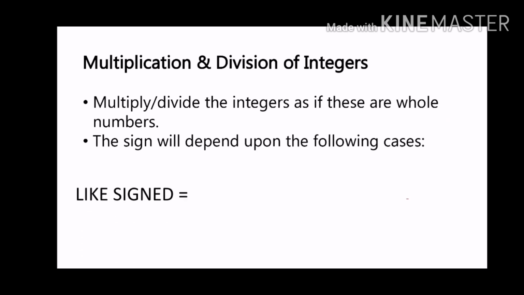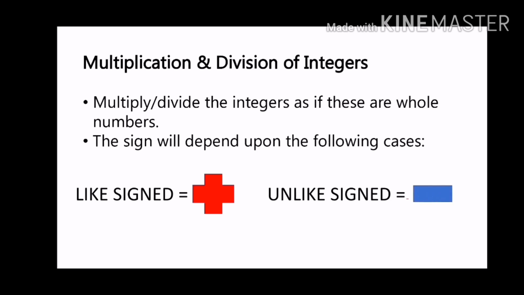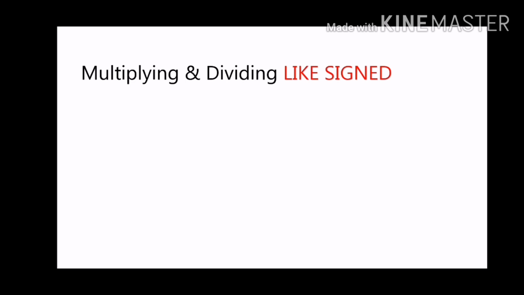If you are multiplying or dividing like-signed integers, automatically your answer will be positive. Now, if you're multiplying unlike-signed integers, automatically your answer will follow the negative sign. This will be shown in these examples.